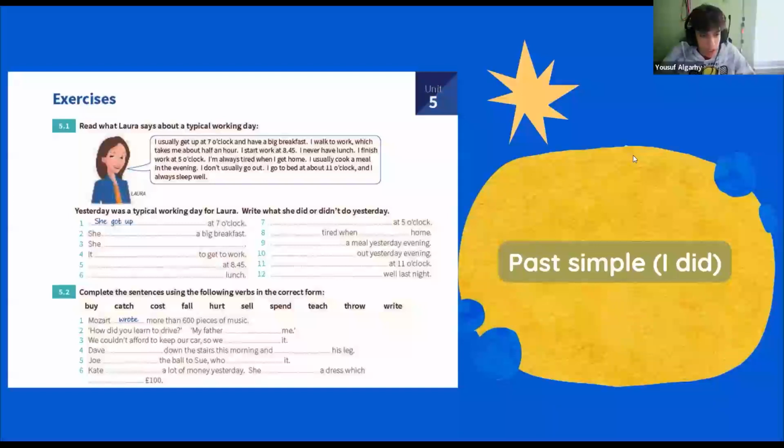Number four, Dave blank down the stairs this morning and blank his leg. It would be Dave fell down the stairs and hurt his leg. Okay. Number five, Joe blank the ball to Sue, who blank it.